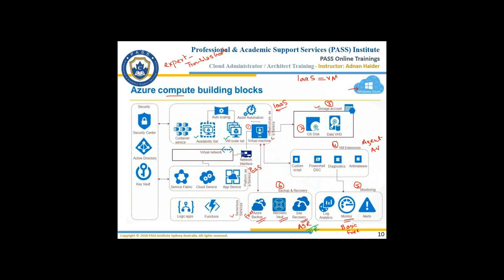With the combination of availability set and scale set, we can create auto scaling. This scale set is an option in which you can scale out a VM or scale up a VM. I can increase the resources, or I can make different VMs. I can have a cluster of this VM, the same VM I can have 10 times.